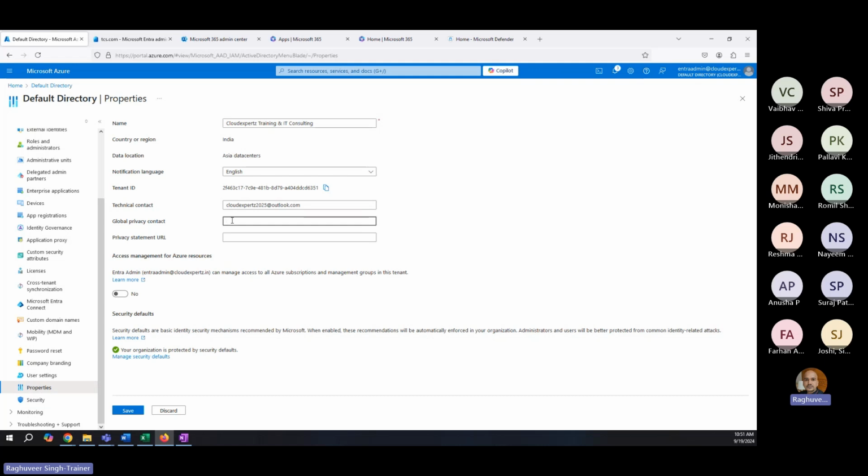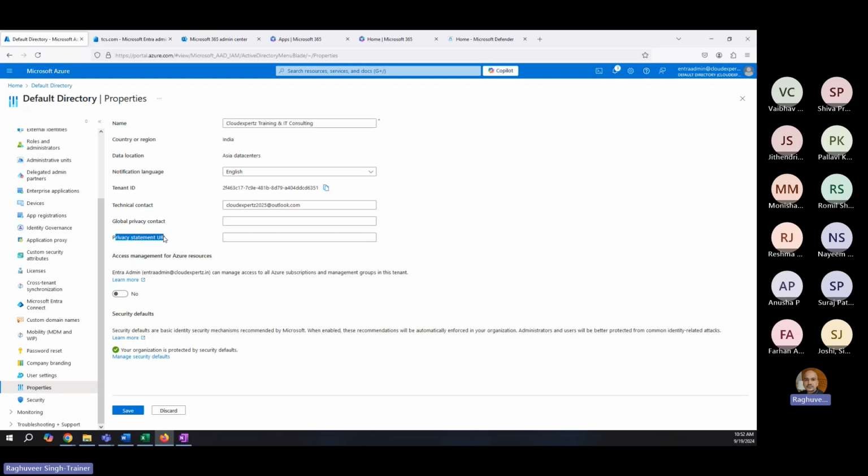Similarly, most of the companies, when they are global, have a global privacy team. They have a global data protection leader or data privacy professionals, DPO. So you can put the global privacy contact information here. Then comes privacy statement.